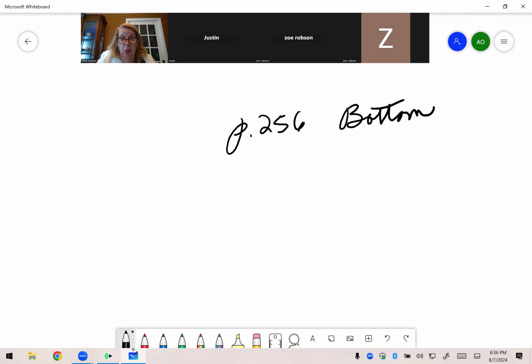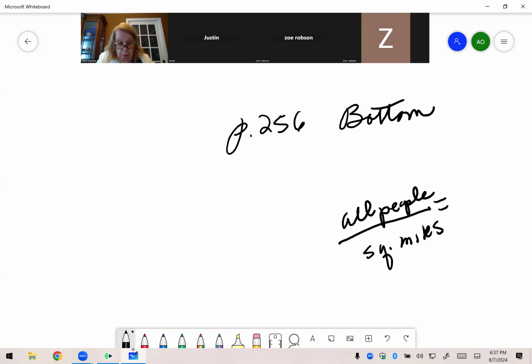So basically what we want to get is all the people over the square miles. That's our goal. So if we have 30 square miles, and if you like dimensional analysis, you could use that for this as well, or just make a ratio.